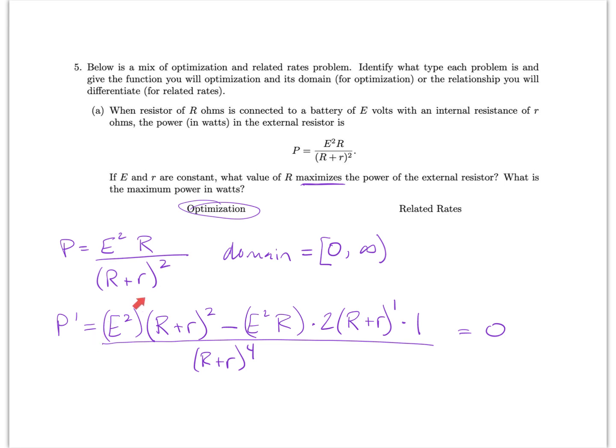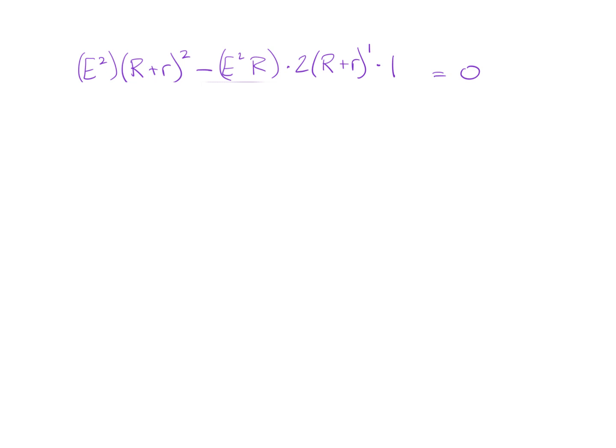Now, the only way a fraction can equal 0 is if its numerator equals 0. So I don't even have to worry about the denominator. I'm going to go to a new slide and set this numerator equal to 0. There's a little bit of tricky algebra here. So I have two terms. Here's a term and here's a term. I want to factor out anything that they have in common. They both have an E squared and they both have a big R plus little r.